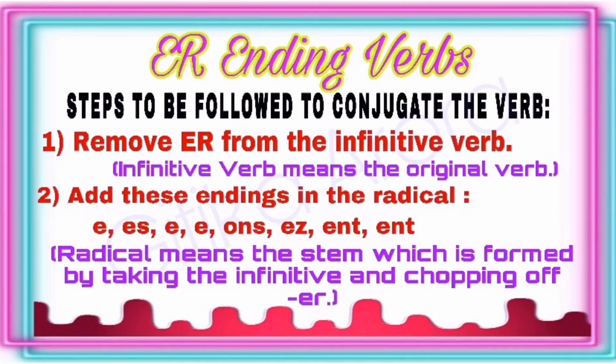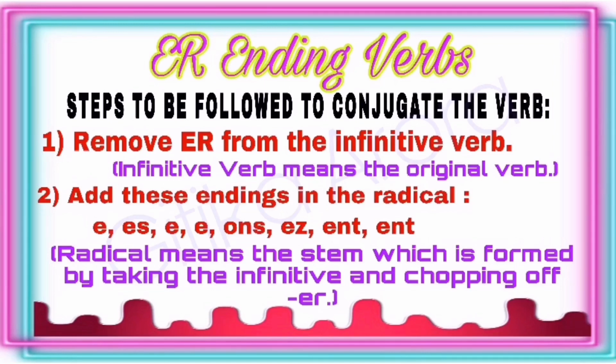An infinitive verb means your original verb, or you can say unconjugated verb. Alright? And the second step is to add these endings to the radical. Now what does radical mean? Radical means the word which will be left after cutting off ER.